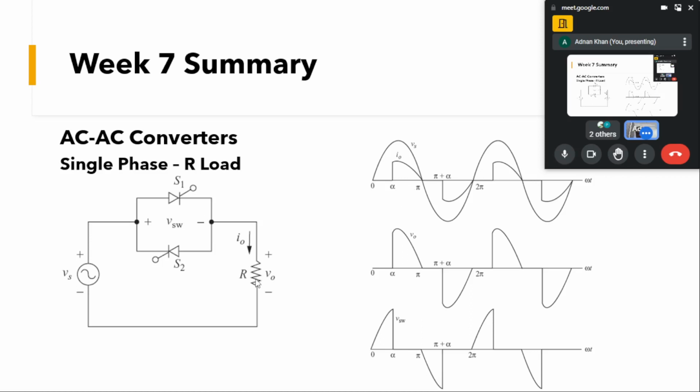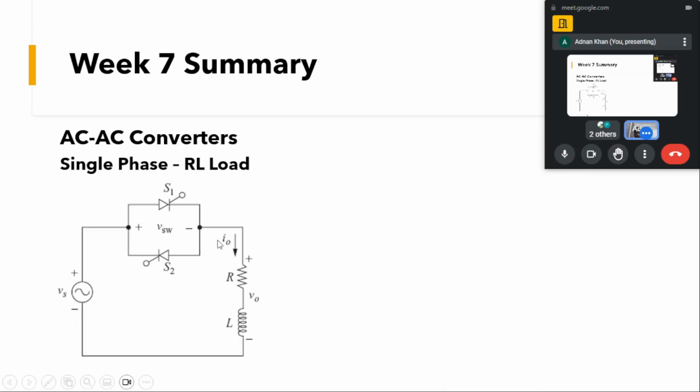Up to this point we were seeing it for an R load. Now we want to see what would happen if we have an RL load instead of an R load.